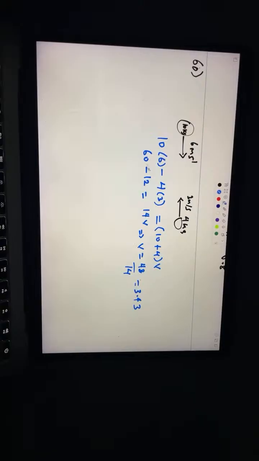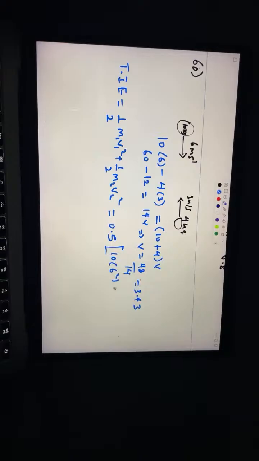So now that we have the velocity that we need, let's calculate the total initial kinetic energy. Total initial energy will be half m1 v1 squared plus half m2 v2 squared. So I'm applying that formula now.